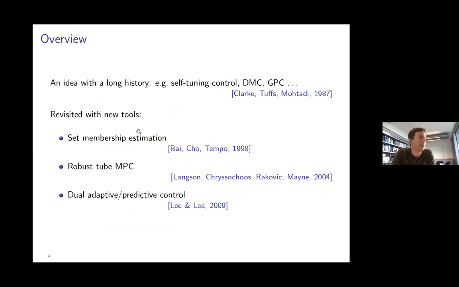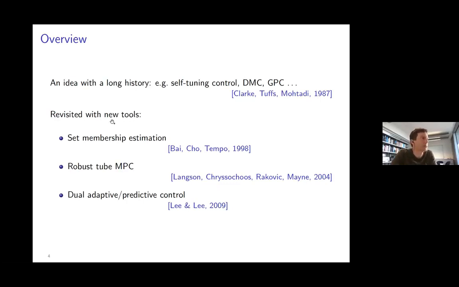But recently, some new tools that have been developed in the context of robust MPC have allowed a kind of resurgence of these techniques, and looking at the design of adaptive controllers from a new perspective.